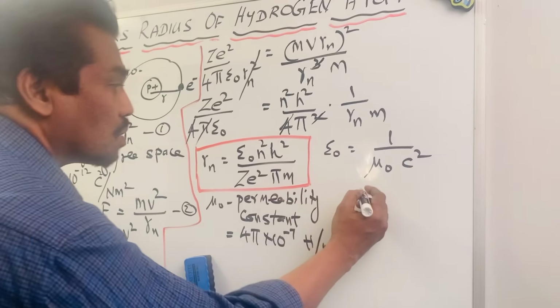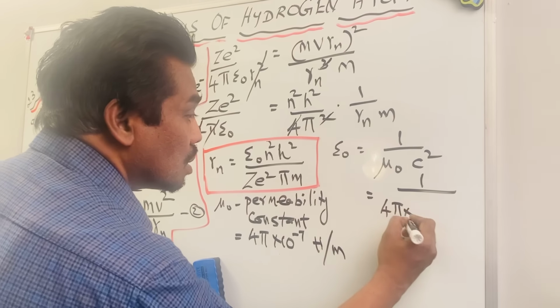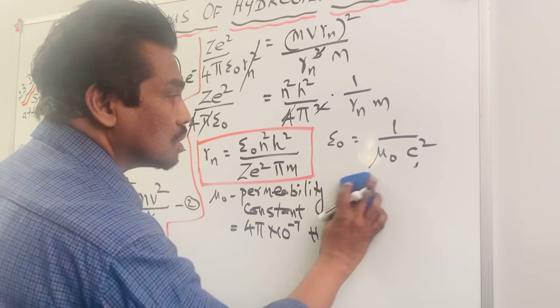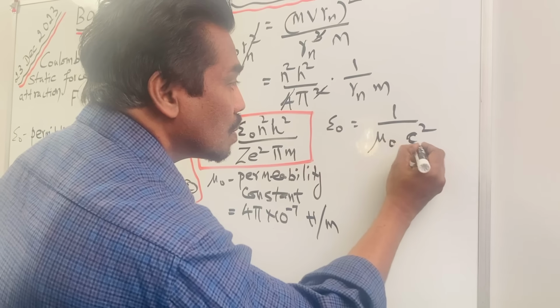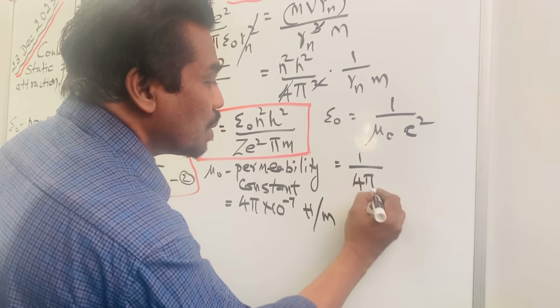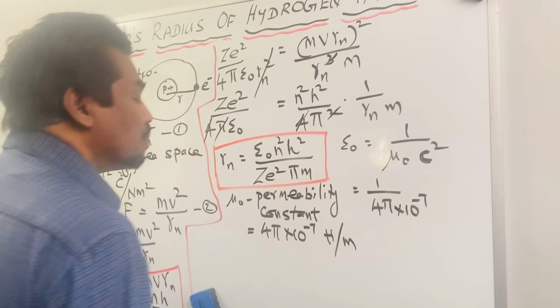So now we can calculate the value. Epsilon 0 is equal to 1 over 4 pi 10 to the power -7, and our c is the velocity of light.